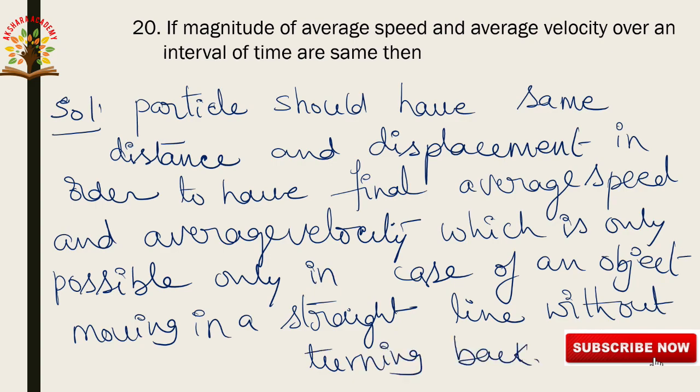Okay, this is the answer for this question. The particle should have the same distance and same displacement in order to have equal average speed and average velocity, which is only possible in the case of an object moving in a straight line without turning back.